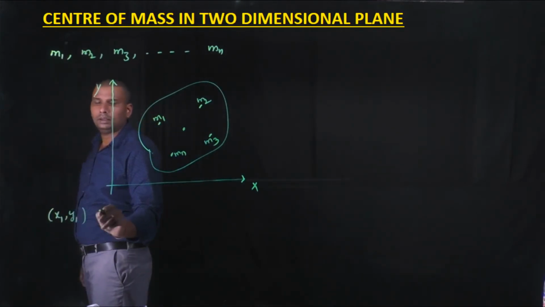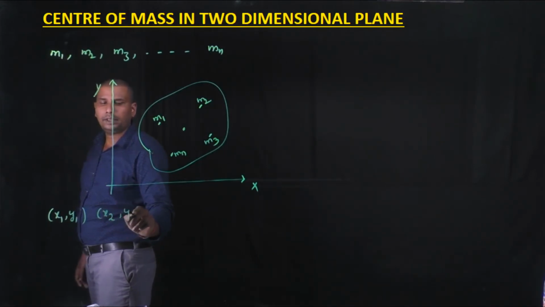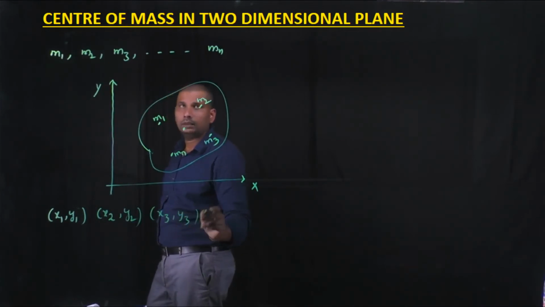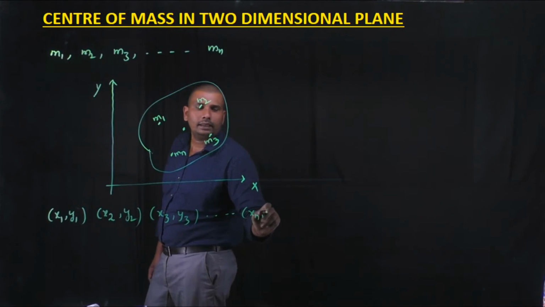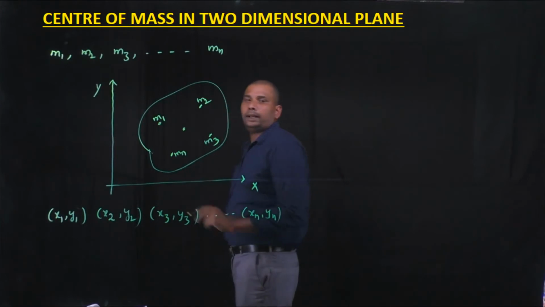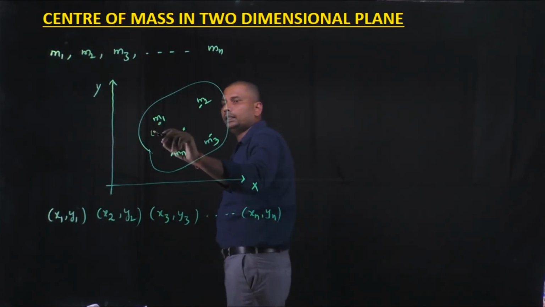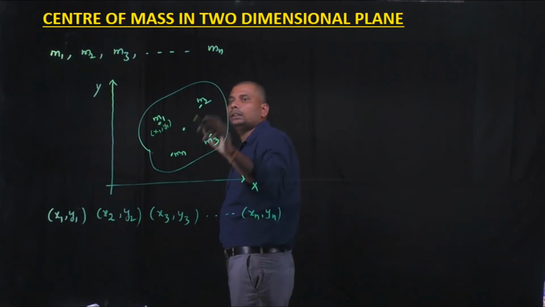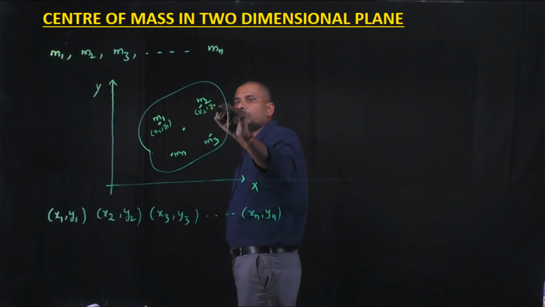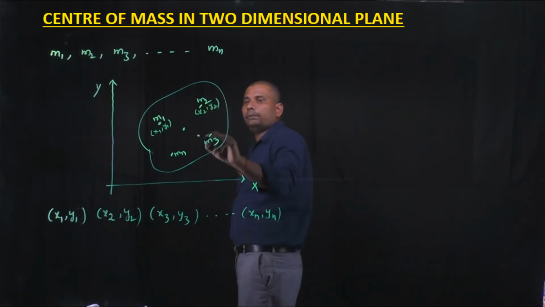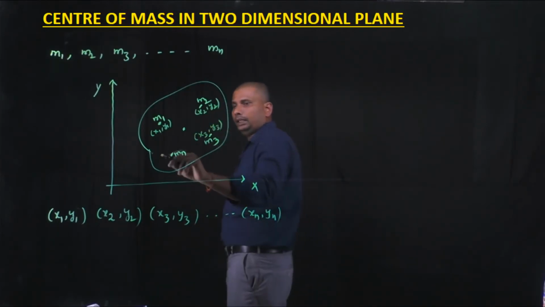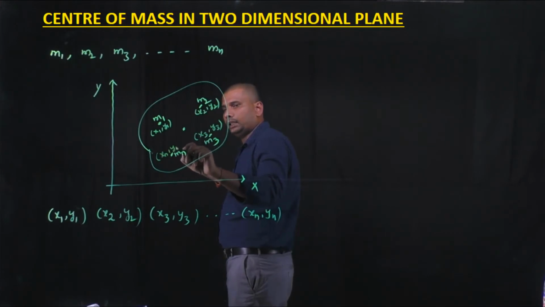And the coordinates of the particles are x1 comma y1 and x2 comma y2 and x3 comma y3 and so on, xn comma yn. Okay, this particle in the xy plane has the coordinates x1 comma y1, the mass m2 has the coordinates x2 comma y2, mass m3 has the coordinates x3 and y3, and mn has the coordinates xn comma yn.